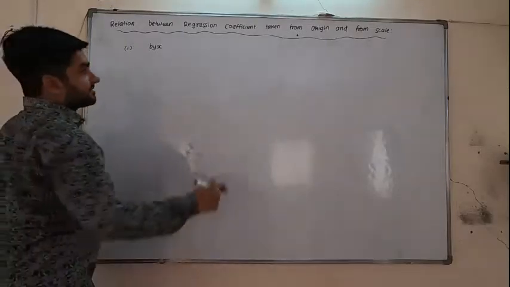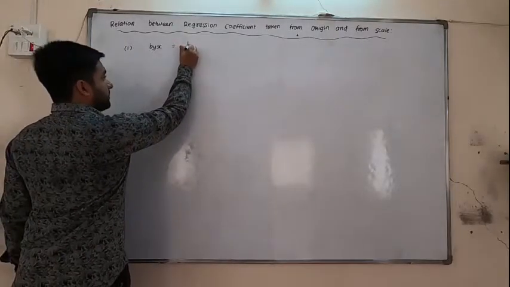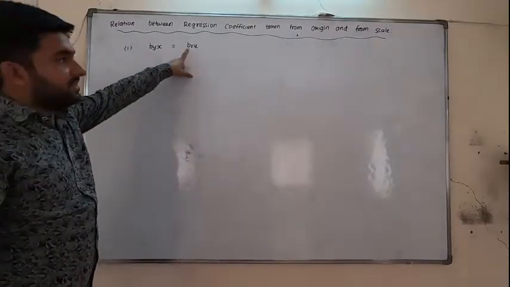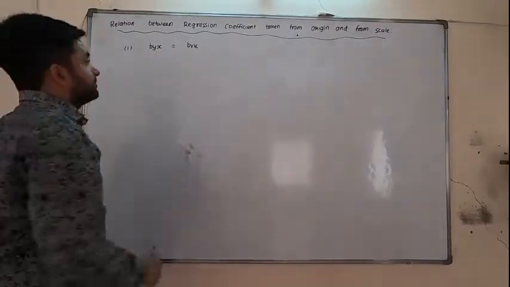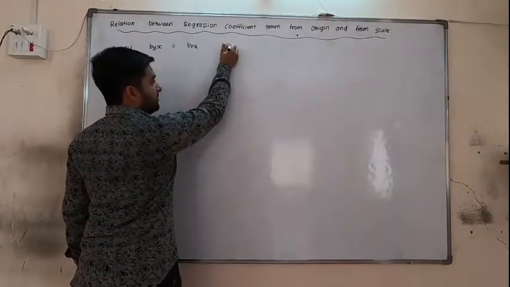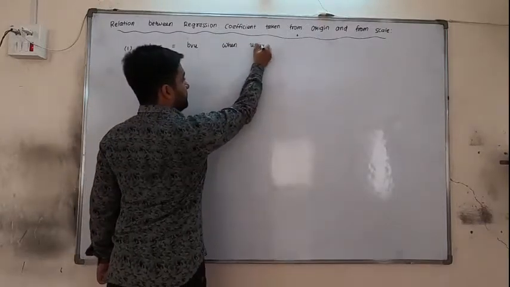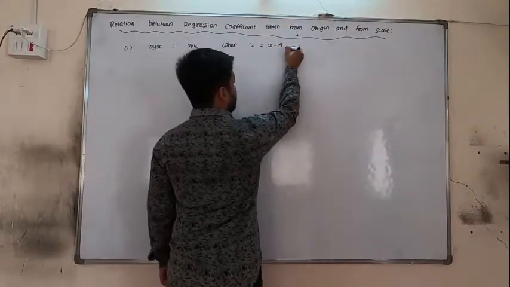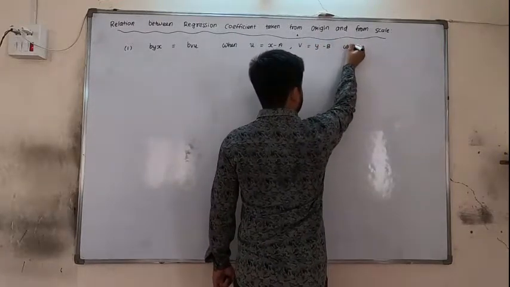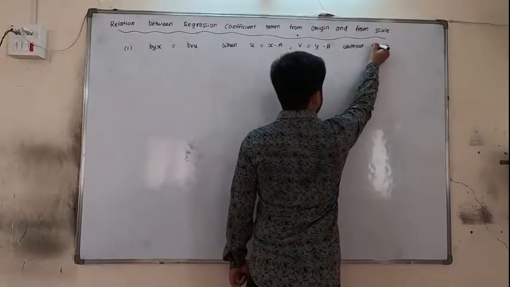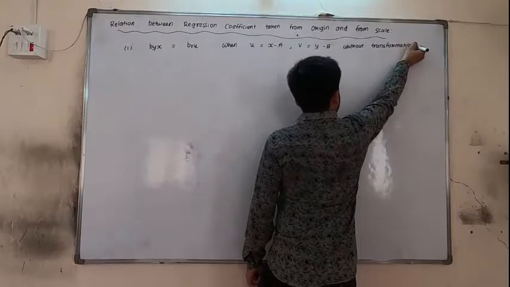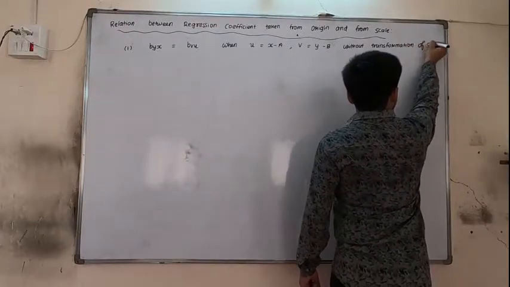b by x is equal to b v u, as you know y is converted into v and x is converted into u. They are the same when u is equal to x minus a and v is equal to y minus b, that is, without transformation of scale.